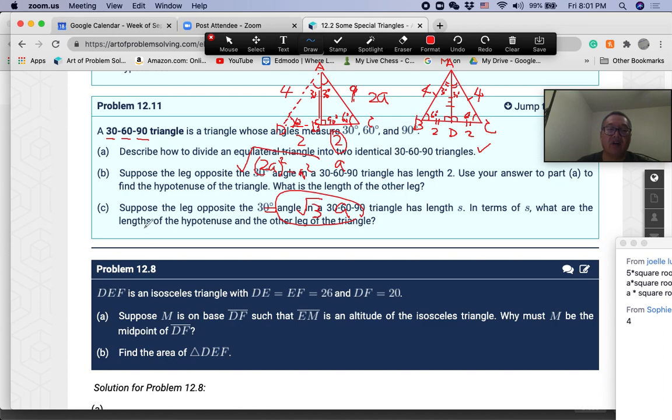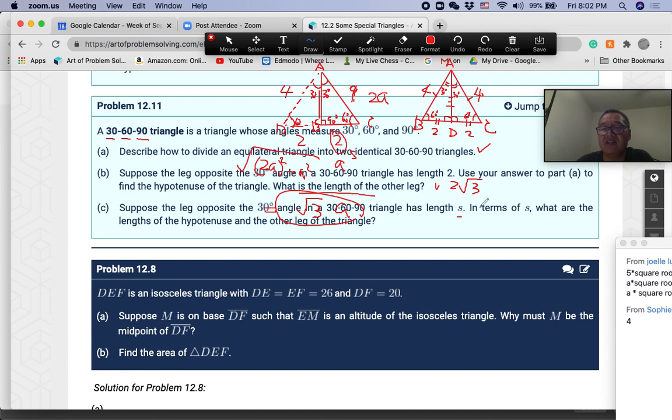Okay, so now let's see C. You see, we already got this B. They also ask you what is the length of the other leg. That will equal root 3 times 2, right? Then C, suppose a leg opposite the 30 degree angle in a 30, 60, 90 triangle has length S. Yeah, we already got this.